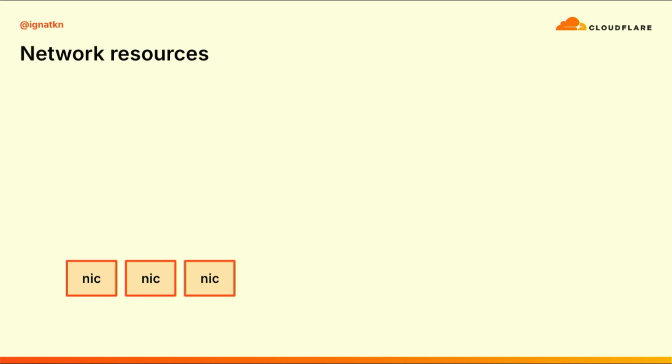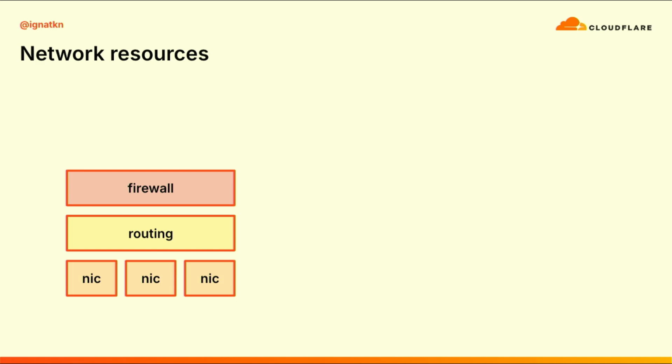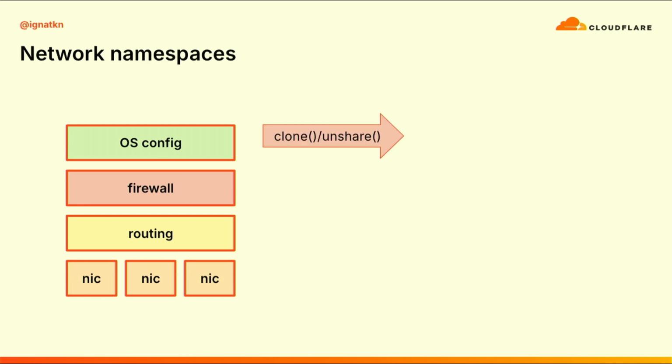Next: network resources, or network namespaces. What are the traditional network resources on your system? Your networking cards, your routing configuration, your firewall configuration, and some other operating system configuration, like sysctls and other stuff. When you create a network namespace, what do you get?